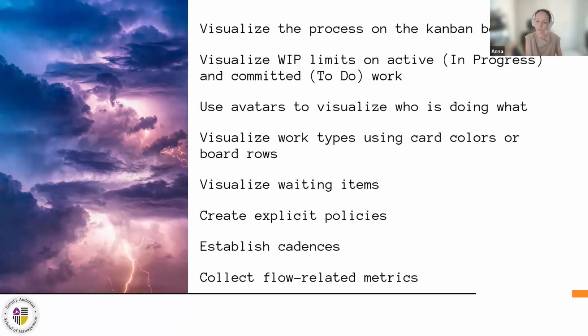This is where you can tell them, hey guys, we are waiting for you. This item is blocked. When can we get it solved? So make sure that information is flowing all the time, you get feedback and you take actions depending on the feedback, so that the work is not stuck if it doesn't need to be. And finally, collect flow-related metrics.